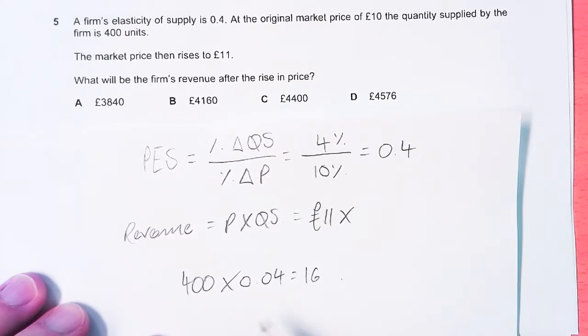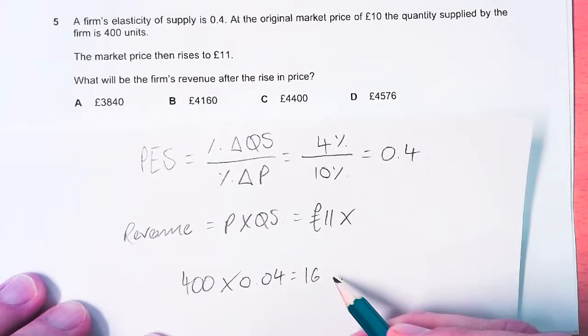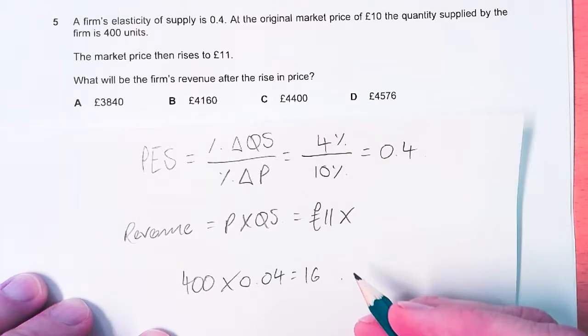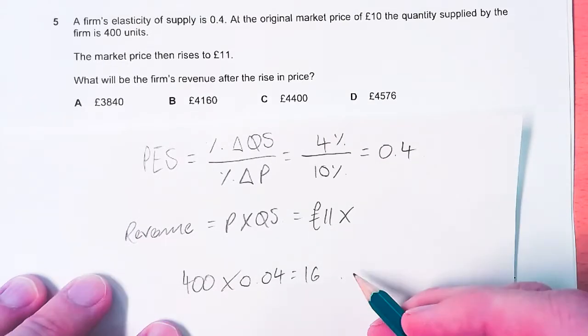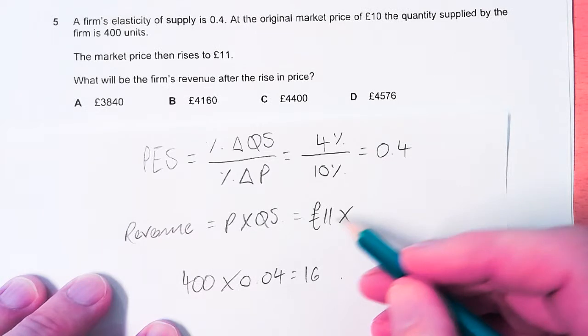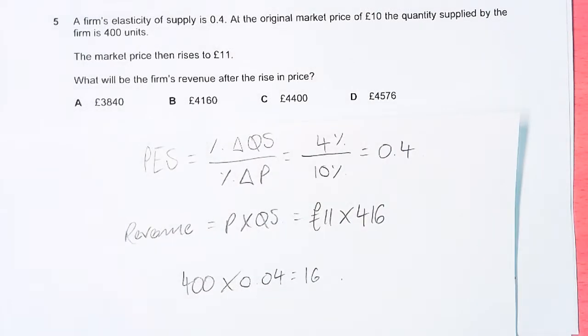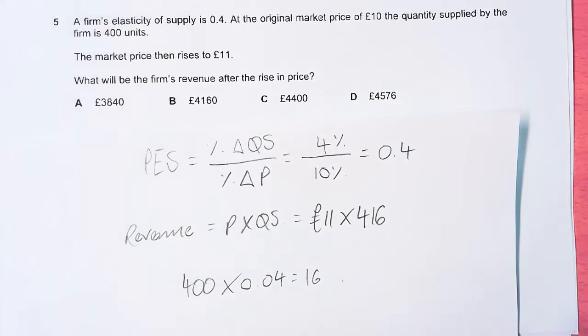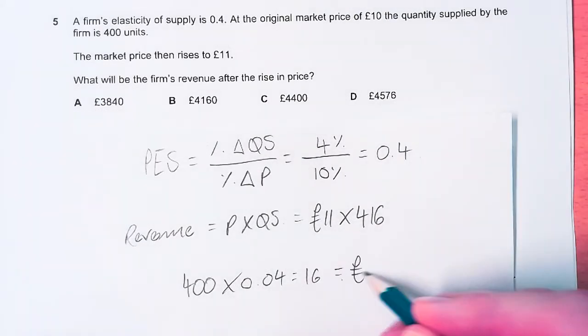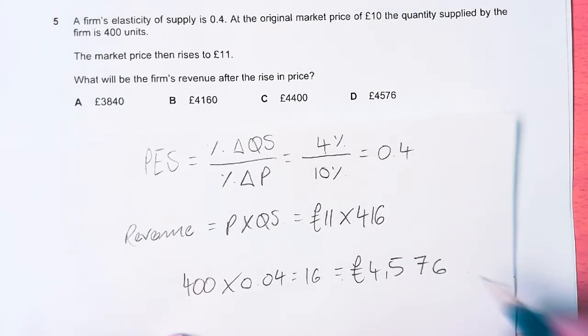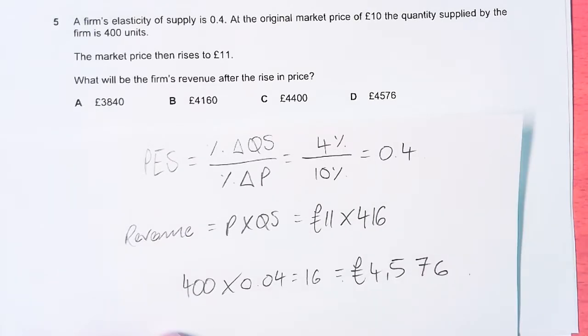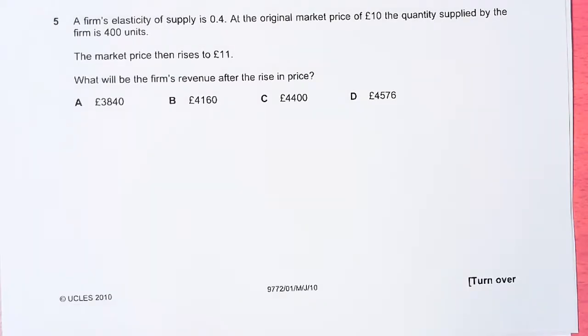So the change is 16. So we've therefore got to look at £11 times 416. If we then put 11 times 416 in, what we get out of that is 4,576. Okay, so the answer would be B. Okay, next one.